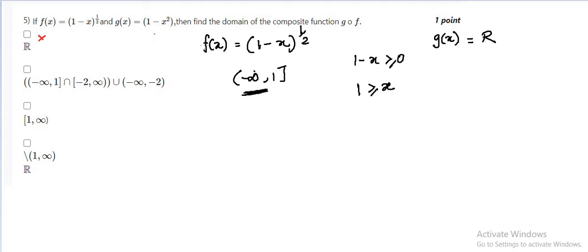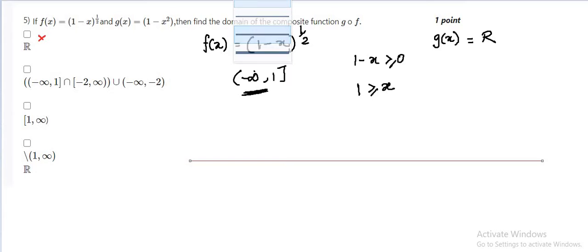Moving on to the next option, let's simplify so that we can get the domain. It is saying the intersection of two intervals with a union of another. Let's find on the number line which interval is representing this. First of all, let's do the intersection. Here let it be somewhere as minus 2 and this as 1.